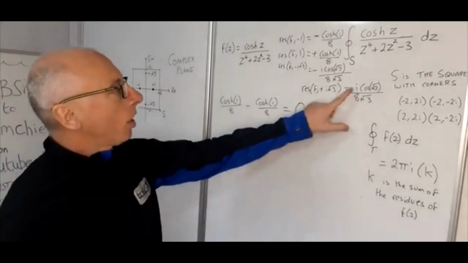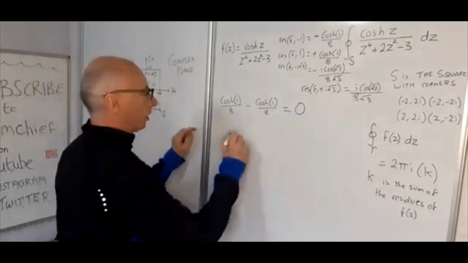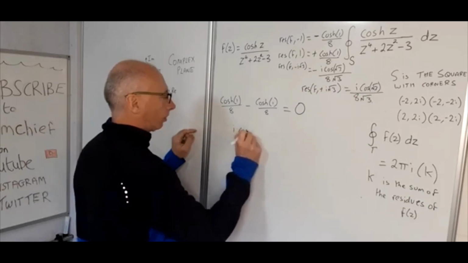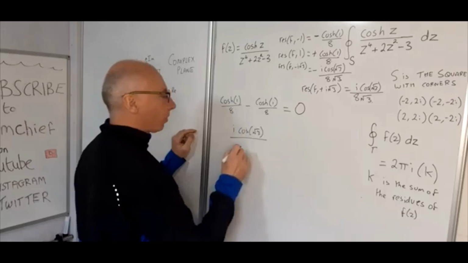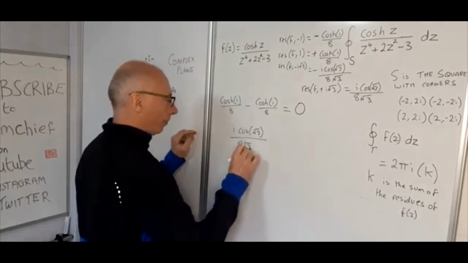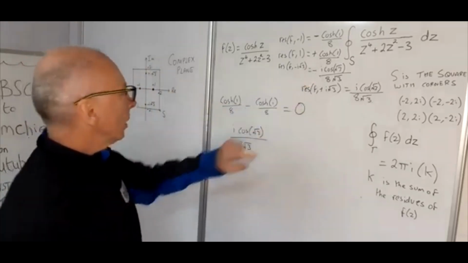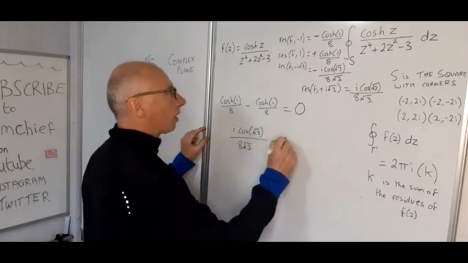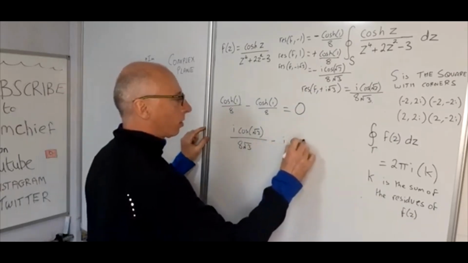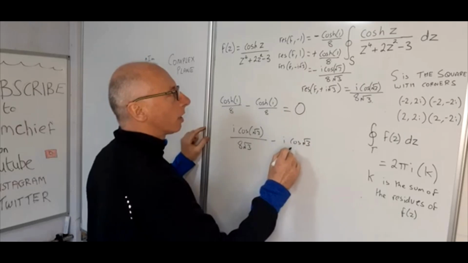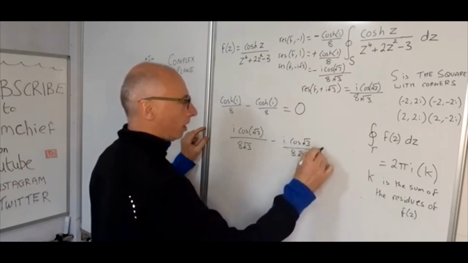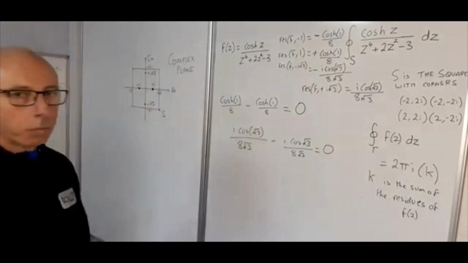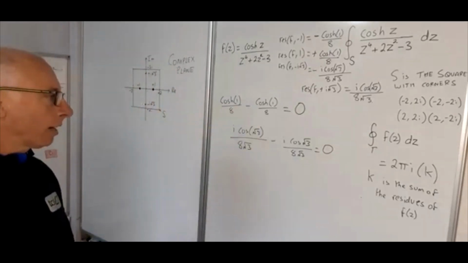And in here we've got i cosine root 3 divided by 8 root 3. And then we're going to subtract i cosine square root of 3 divided by 8 square root of 3. This one also will give us 0. These two will cancel out.